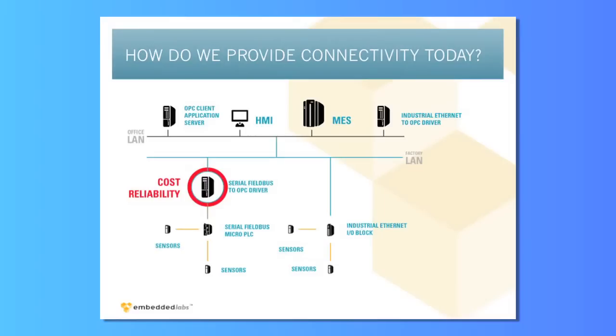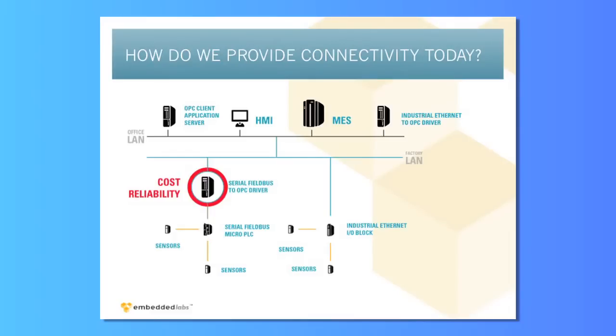If we take the case in the bottom left first, we've taken a PC, as I said, and we've put it down here in order to provide connectivity. Obviously, there's capital cost associated with the PC. There's the configuration management and maintenance of the software. You have virus issues, stuff like that. You've put a PC down on the factory floor, which means that you now have to negotiate with the IT department to provide support.